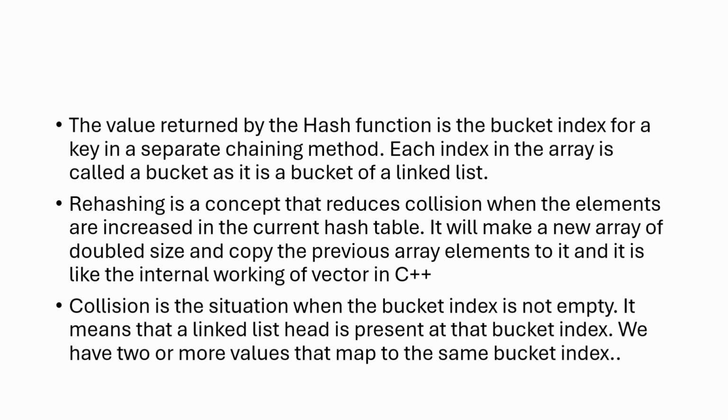So it resizes your data structure for you, similar to a vector, because a vector is a dynamically sized array. All you're doing by rehashing is increasing the size of it. So think of rehashing as resizing, and it avoids collision.